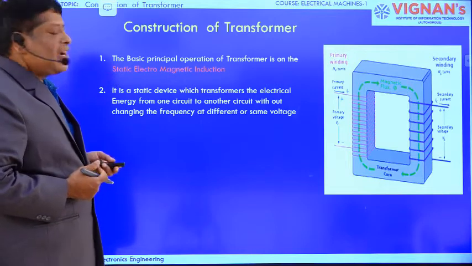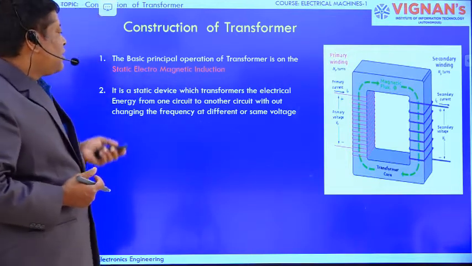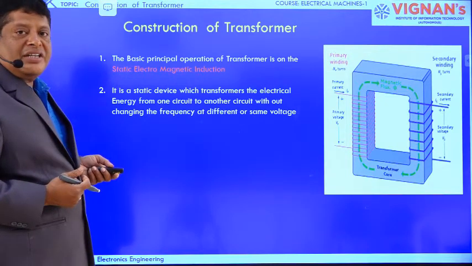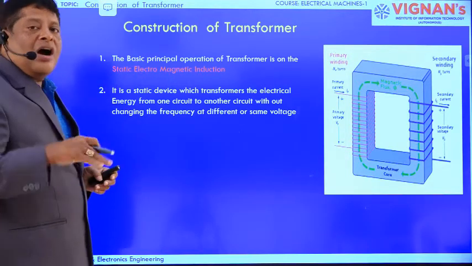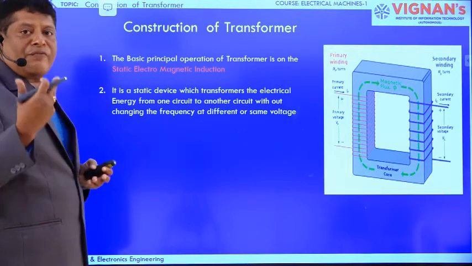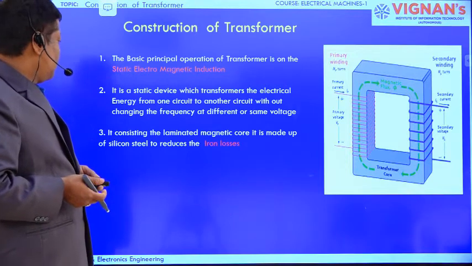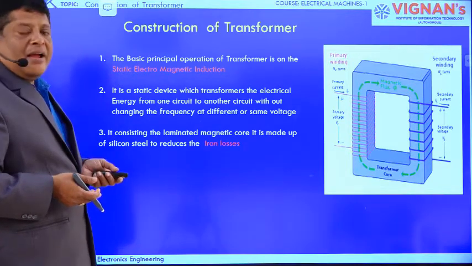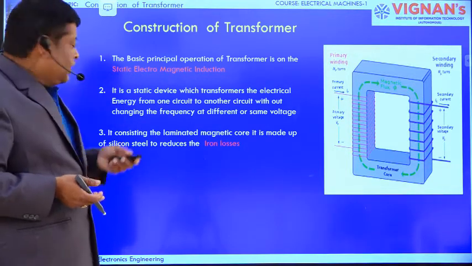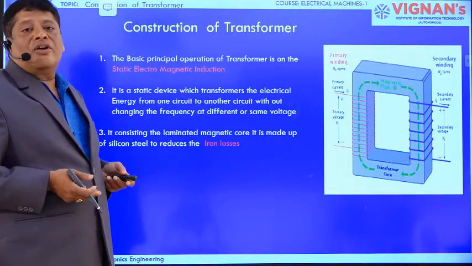It transfers electrical energy from one circuit to another circuit without changing the frequency, at the same voltage level or a different voltage level. The voltage level may be the same or different. It consists of a laminated magnetic core, made up of silicon steel to reduce the iron losses.